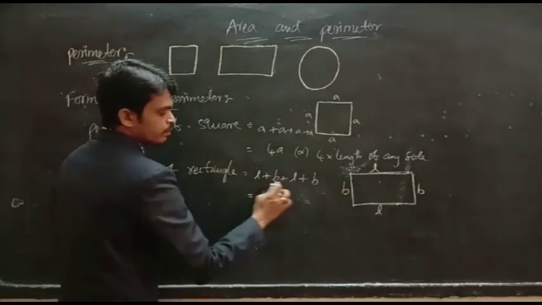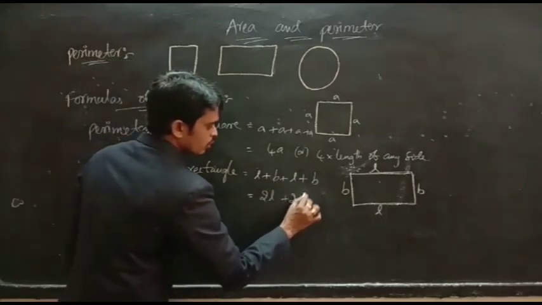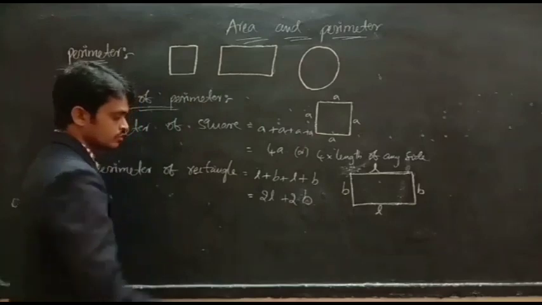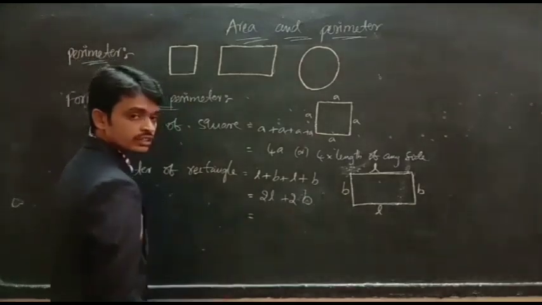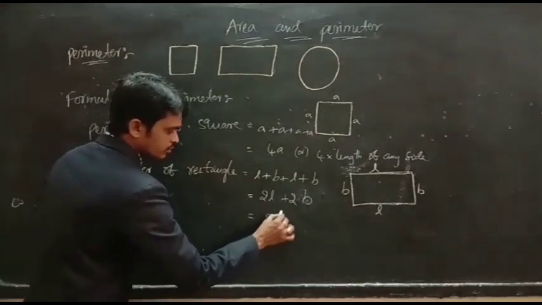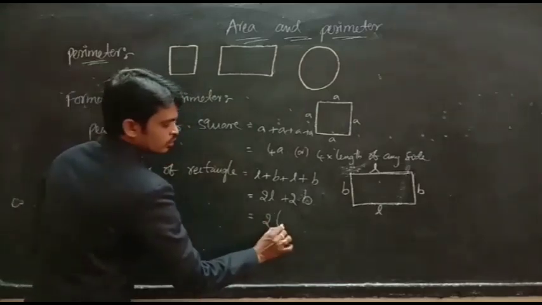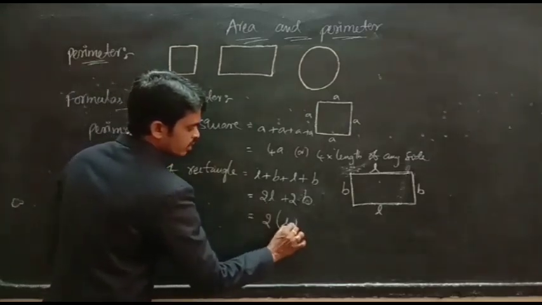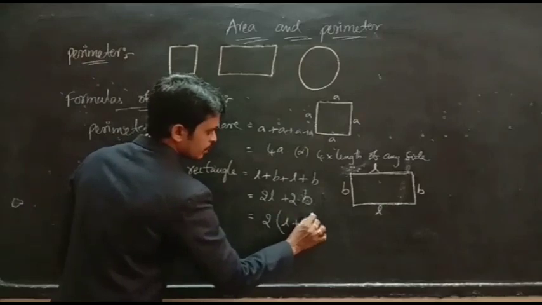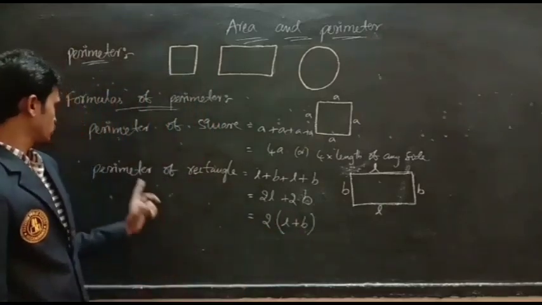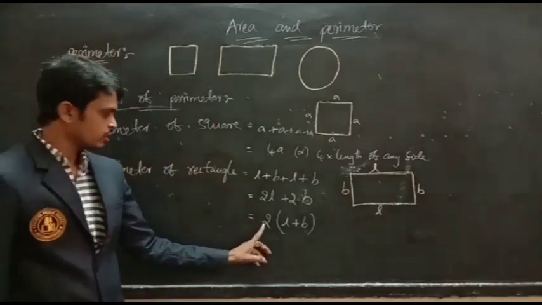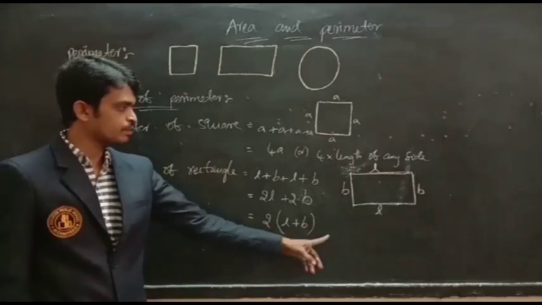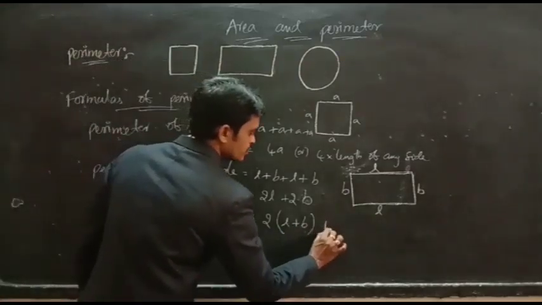B plus B, how much? 2B. What is common here? 2. So 2 is common, nothing but 2 into the remaining L plus B. So the perimeter of rectangle is 2 of L plus B units.